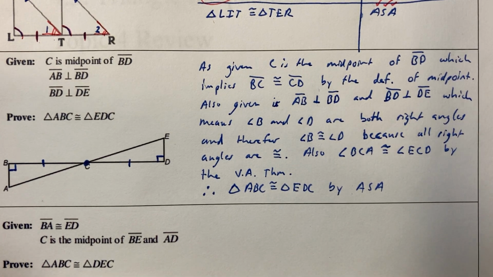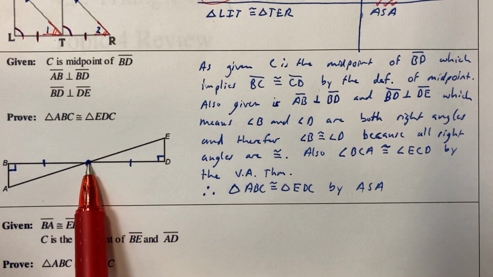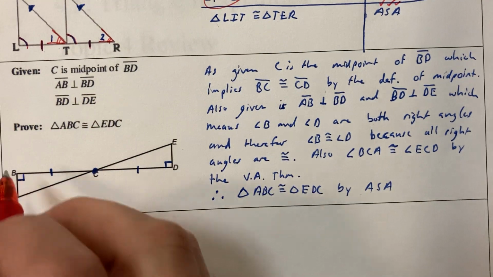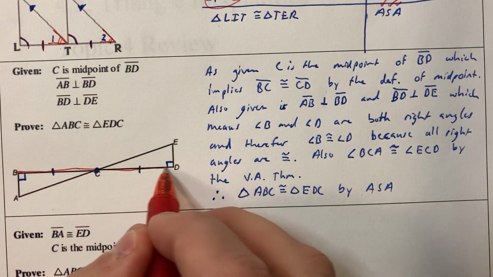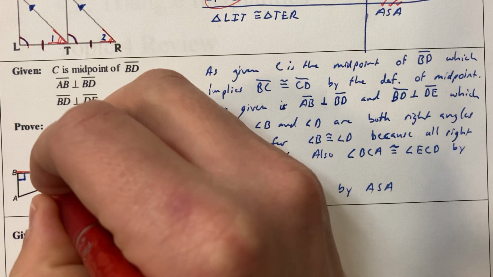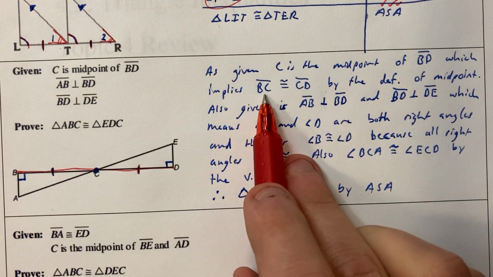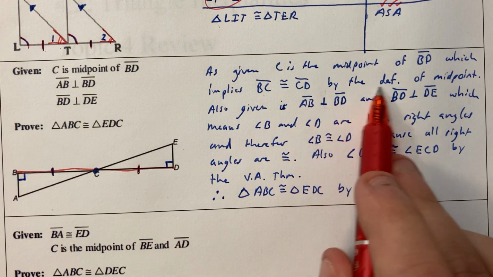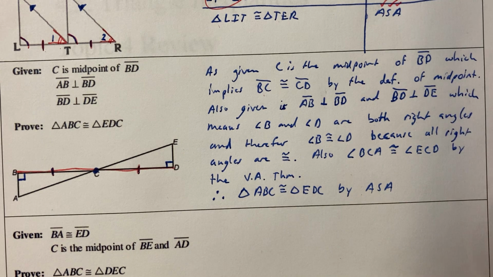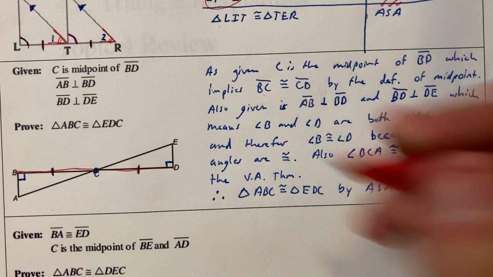All right, here we go. As given, C is the midpoint between B and D. So that makes this the same as that. So I said C is the midpoint of B, which implies this is the same as that by the definition of midpoint. That is an S. Let me write it over here.